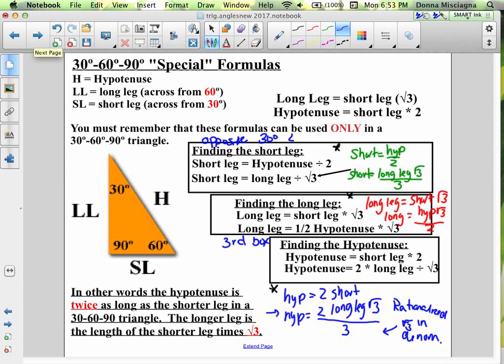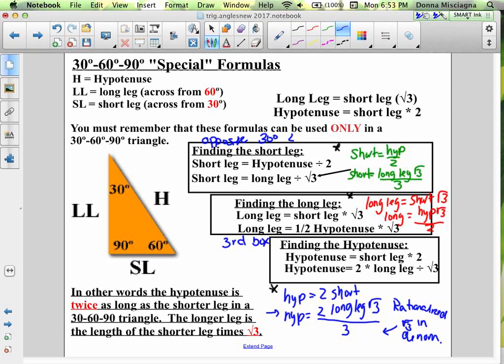I prefer to write the black asterisk one, and I think you probably should too. I can type one way, I can write another way. So I would write the green handwriting in that box. Short equals hypotenuse divided by 2. It equals the long leg divided by the square root of 3. But remember, we have to rationalize.